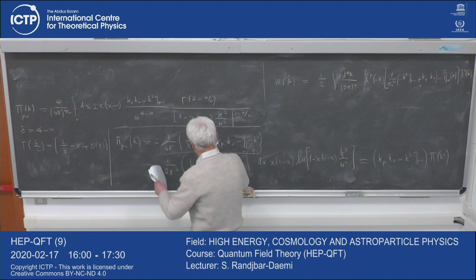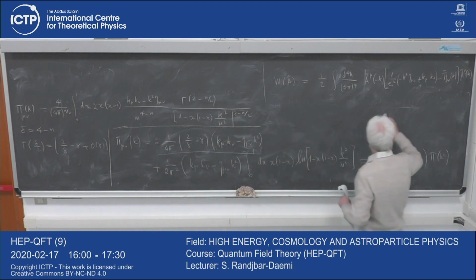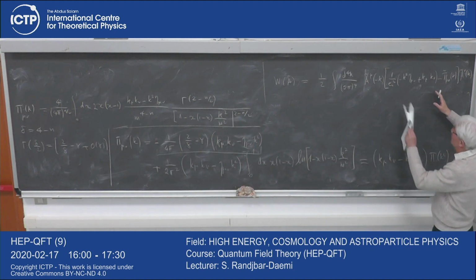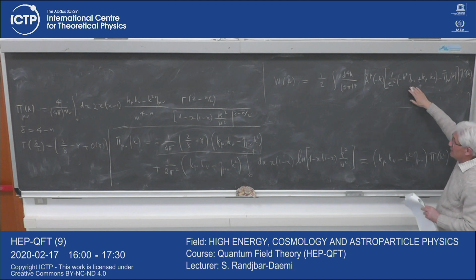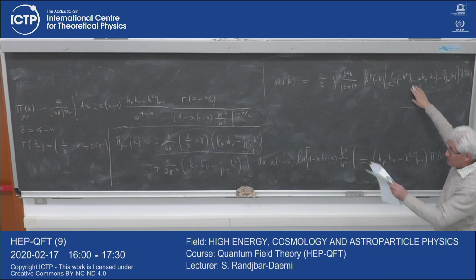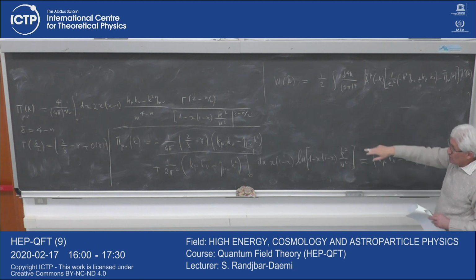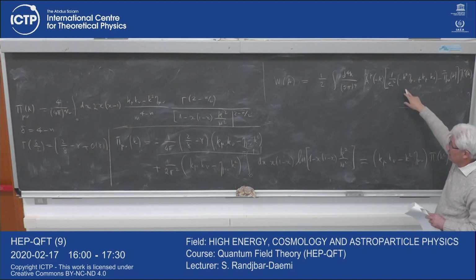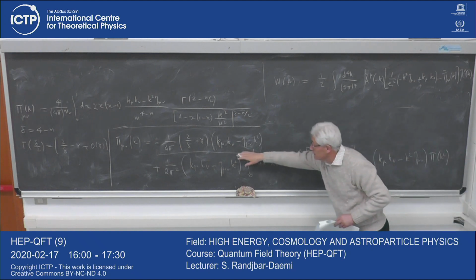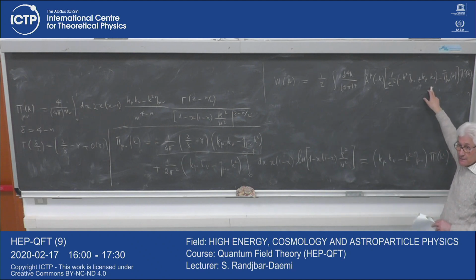It's delta dependent, but it doesn't depend on k squared. It's just this tensor times a constant. It has the same structure as the classical part. The classical part is precisely the same tensor times a constant. So when we plug pi in here, these constant pieces will just add up and multiply the same tensor.